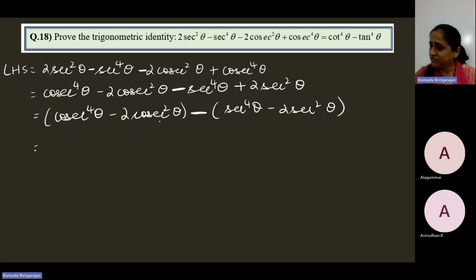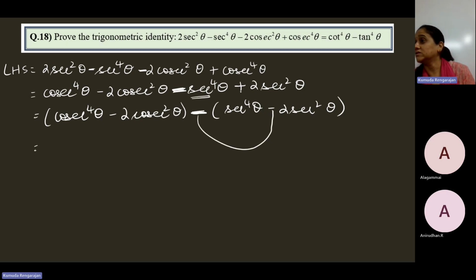First term and second term, we've just put in a bracket. After that, what is the sign? Minus. You should write that minus sign, and then write these 2 terms in a bracket. Now, minus into secant theta to the power 4 will be this 3rd term. Minus into minus is plus 2 secant square theta.